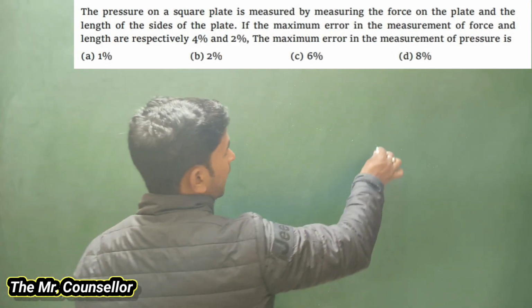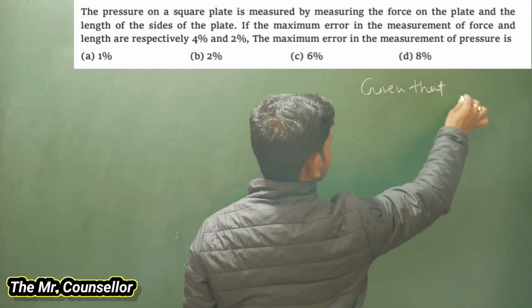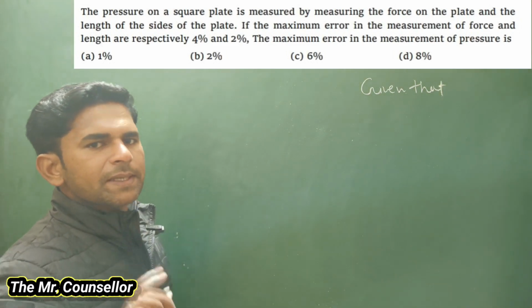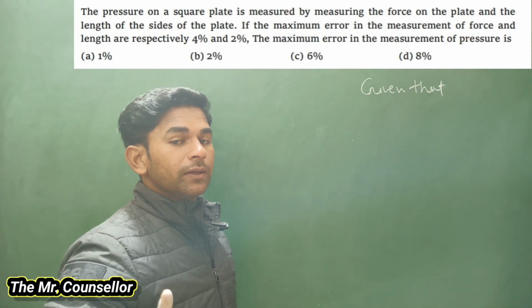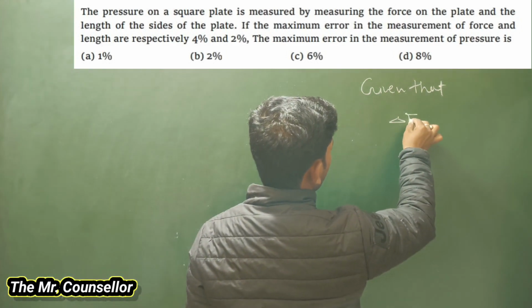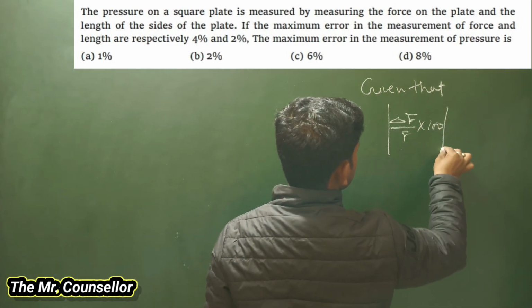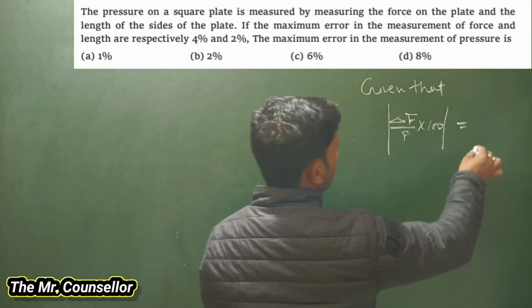So here what is given? The percentage error in force, del F over F multiplied by 100, is given as 4%.